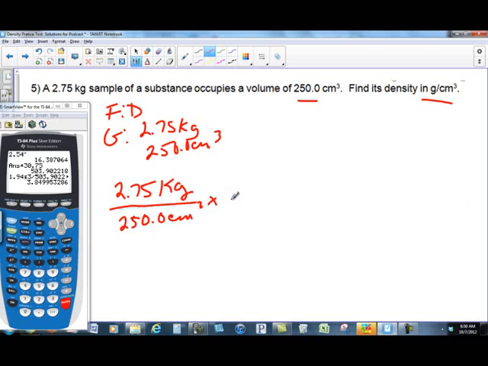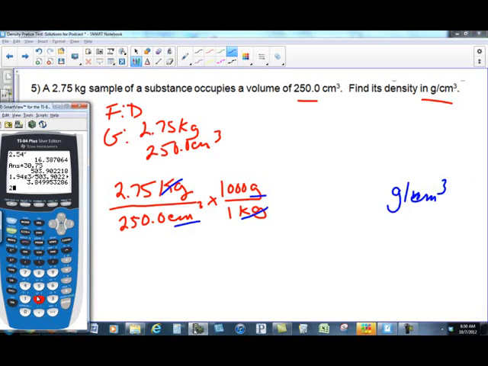The only thing is I have to convert it to units of grams. So my conversion from kilogram to grams is 1,000 grams. If I do it this way, I end up canceling my kilograms and I end up with grams over centimeters cubed, which is what I want my answer to be in, right?